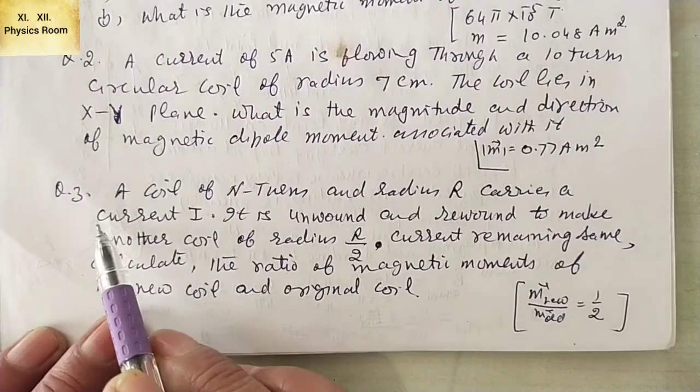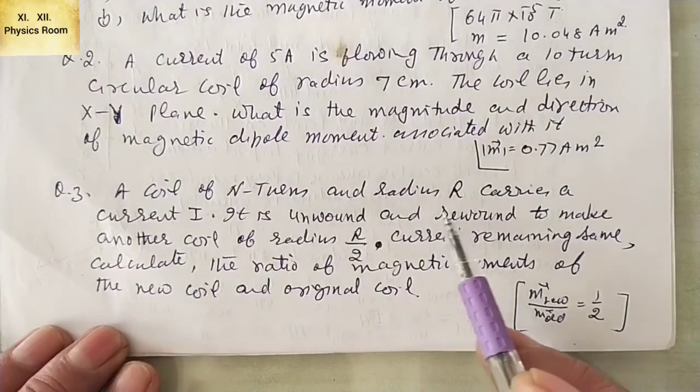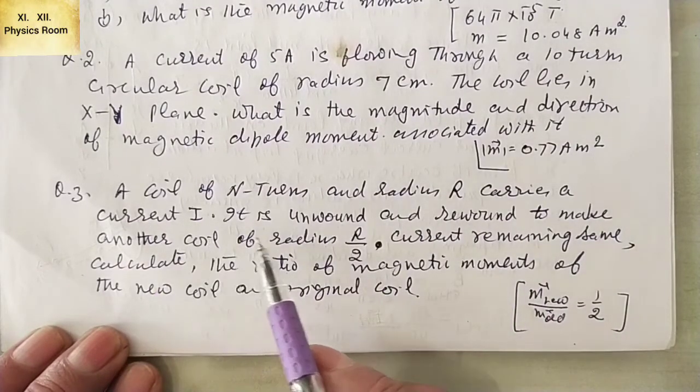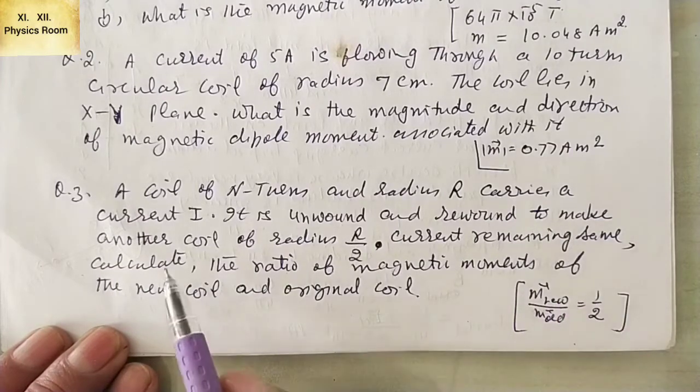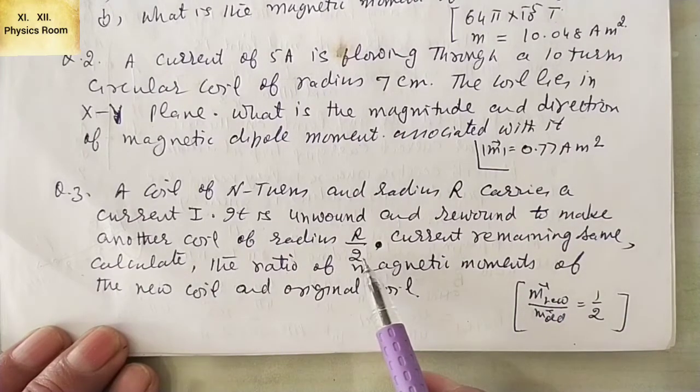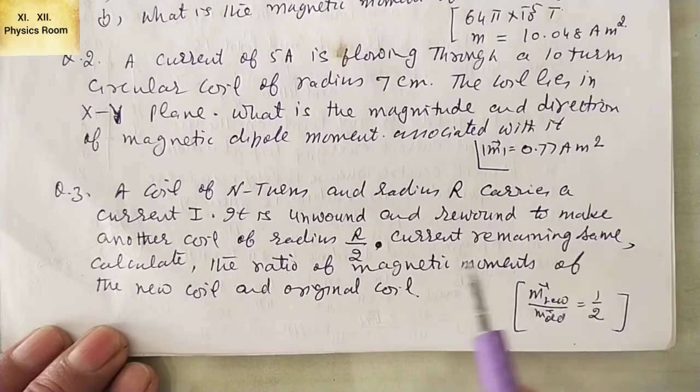Now question number 3. A coil of n turns and radius r carries a current I. It is unwound and rewound to make another coil of radius r by 2. Current remaining the same, calculate the ratio of the magnetic moments of the new coil and the original coil. The ratio will be m new divided by m old equal to 1 by 2.